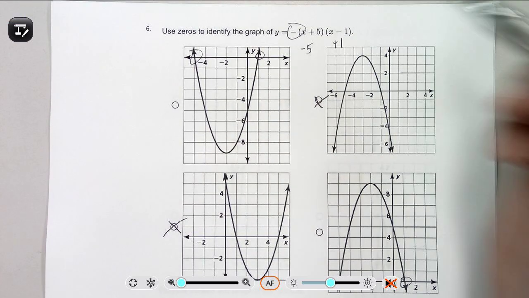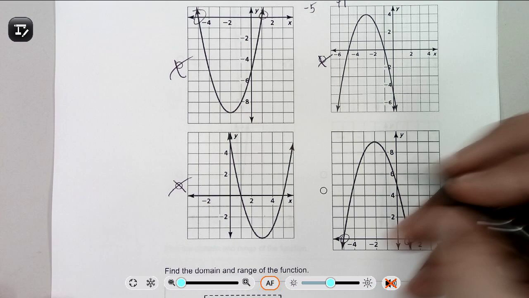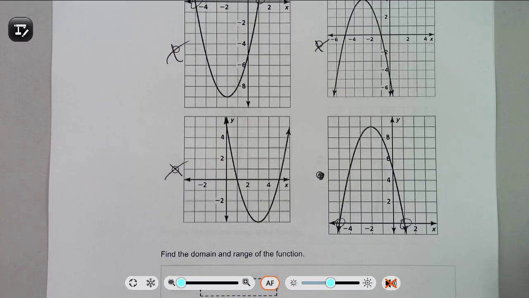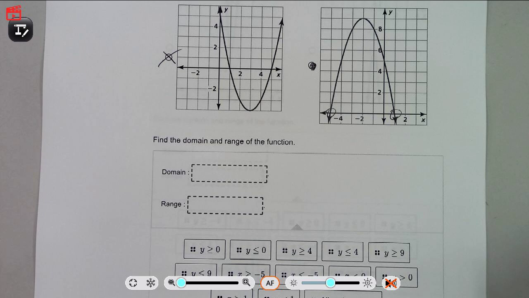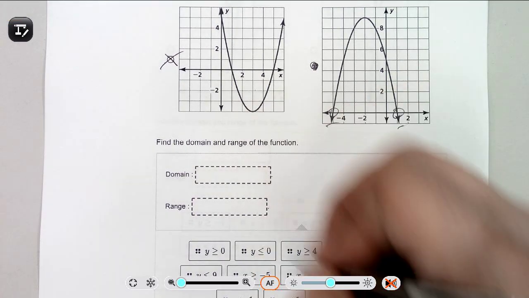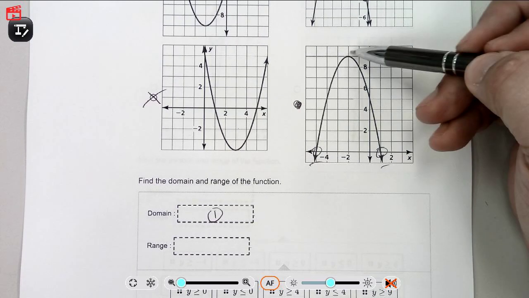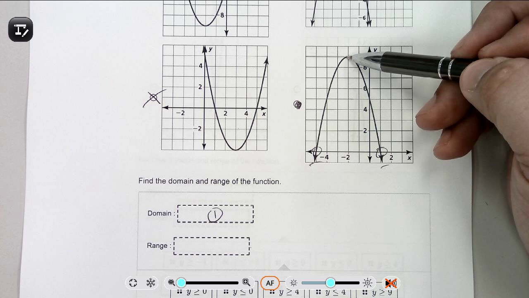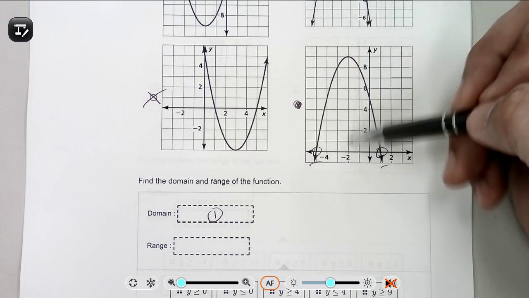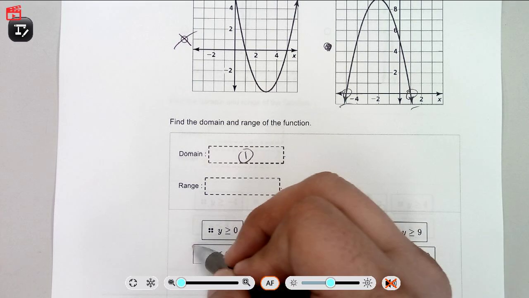And our A value tells us it's been reflected. So can't be this one, has to be this. And then we're going to do domain and range again. Well, domain, we have arrows, so that's all real numbers. Range, I'm going to go up to the vertex. It appears to be at 9. So y is less than or equal to 9. So that's box 2.